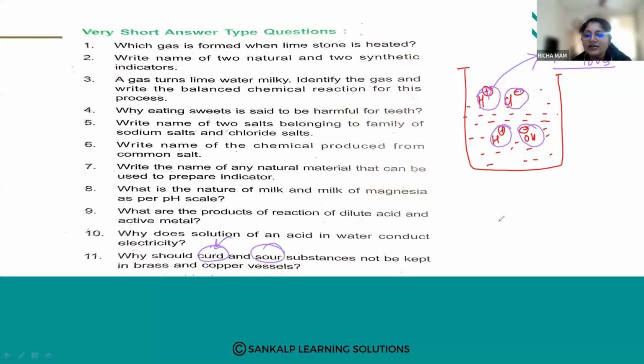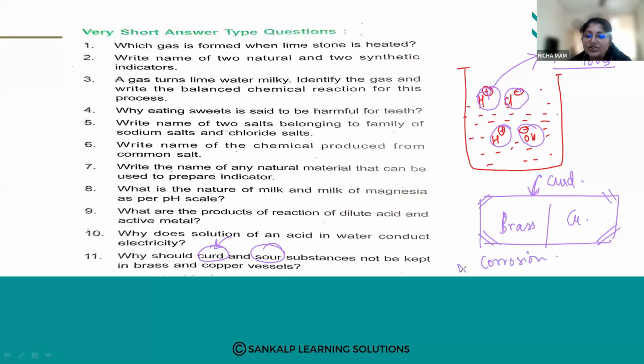If you put it in a brass or copper vessel, the acid present in the curd will react with the metal, with the vessels. It can cause corrosion, and it can cause food poisoning.